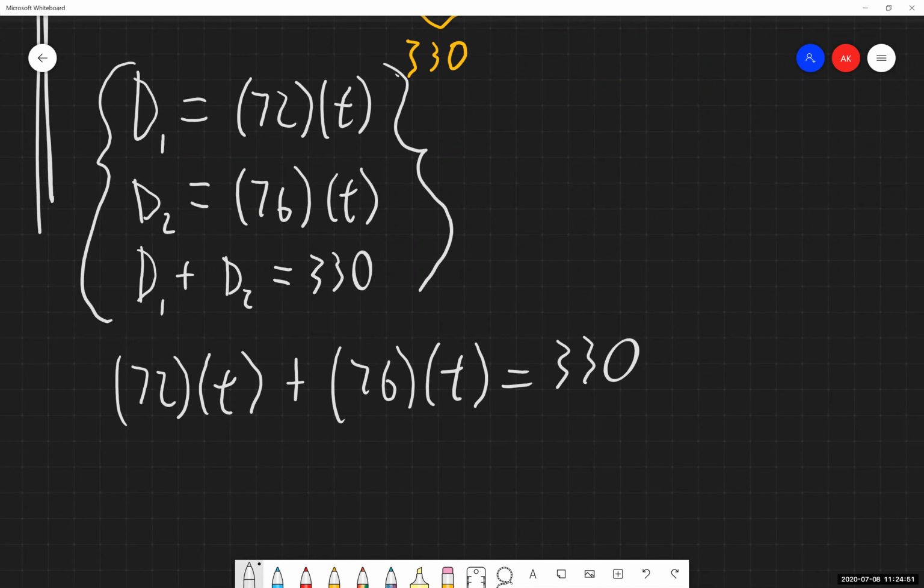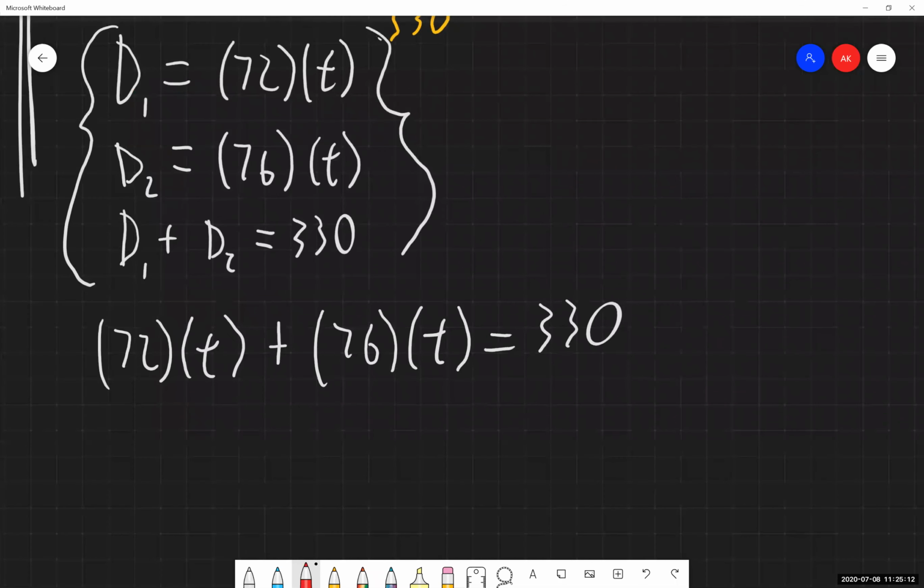Just like we have here. So distance 1, distance 1, distance 1. We have distance 2, distance 2, distance 2. And now we have just created one equation with one unknown. It's going to tell us a time, which is exactly what we are looking for. We're being asked how long will it take them to be 330 miles apart.